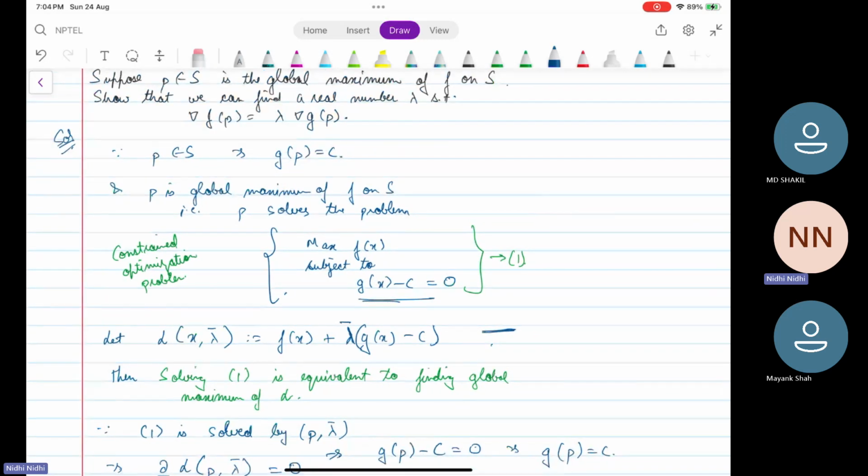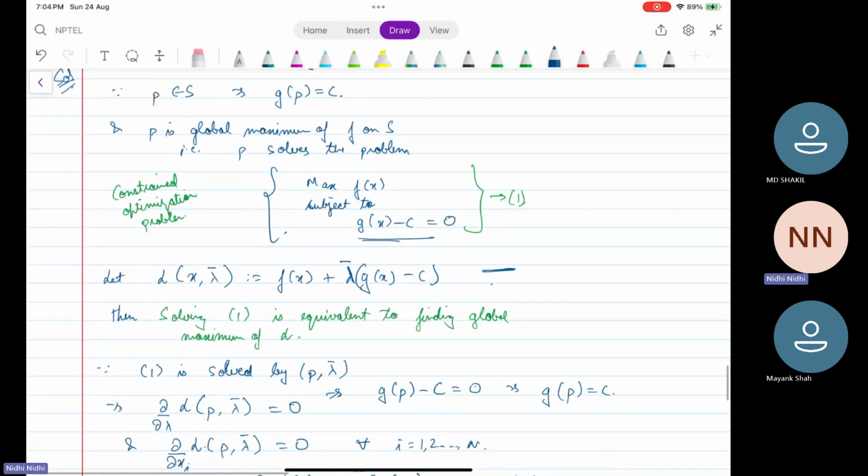So you can go through the method of Lagrange multipliers. The main idea is to consider a new function L(x, lambda bar), and then we try to find the global maximum or global minimum, because for constraints we do not have a direct way to solve, but in one variable we know that we can easily find the global maximum of a function of this form.